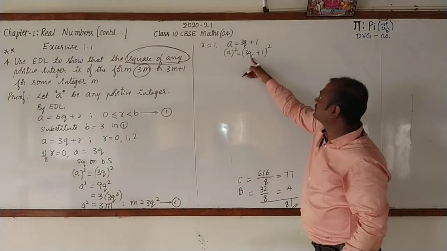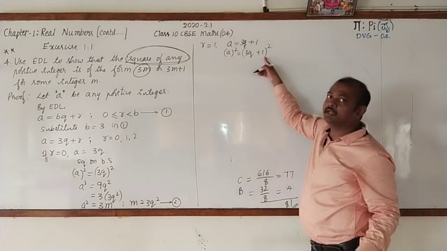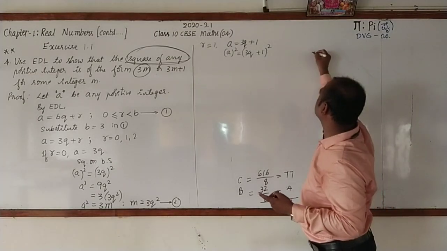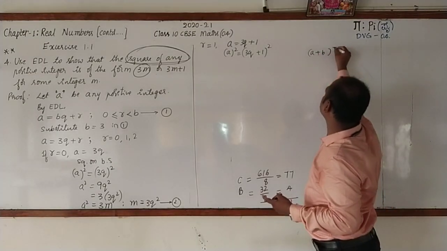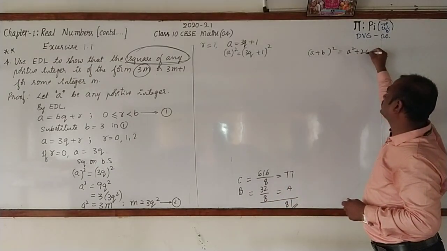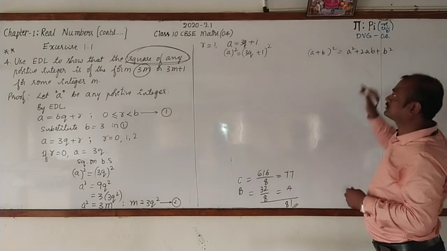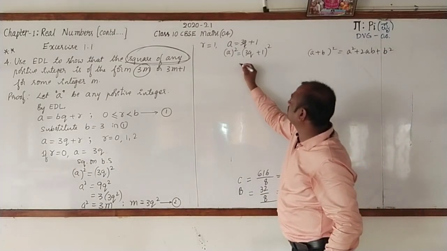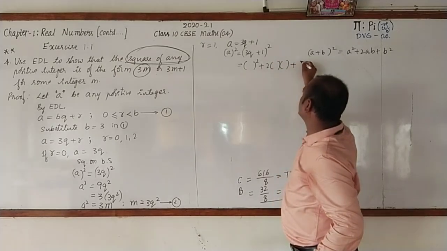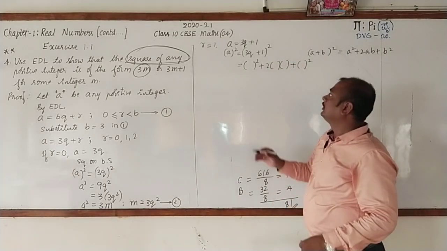Now it is of the form of an identity. What is that identity? You are right, it is a plus b whole square. What is a plus b whole square? It is a square plus 2ab plus b square. I am going to write in the same form: a square plus 2ab plus b square.